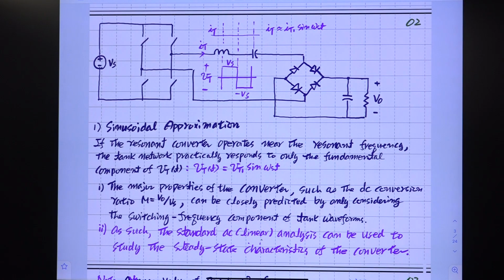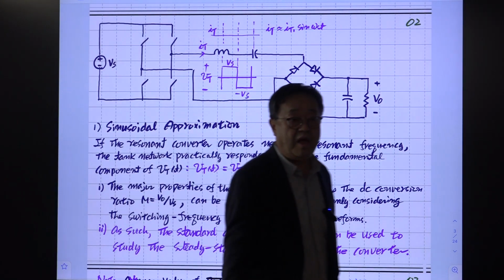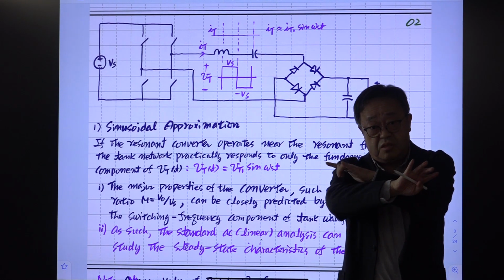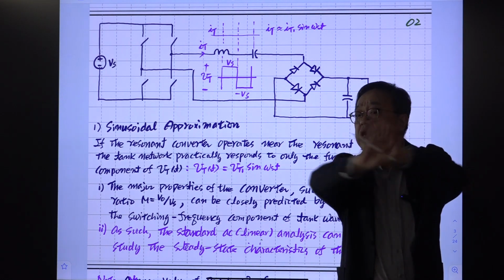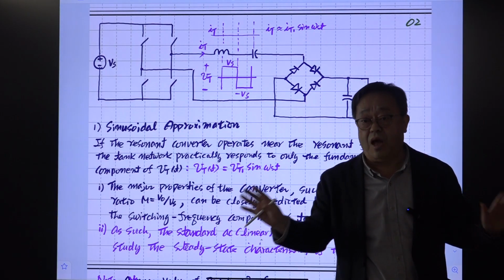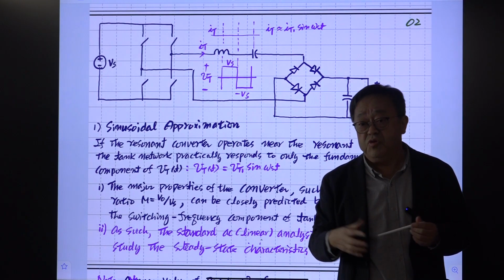There are other techniques like state space analysis or some sophisticated analysis techniques. With those, you can have a general picture of the waveforms and behavior for the entire frequency range and operational conditions. That topic won't be covered here. You are not interested in that. We don't need that.